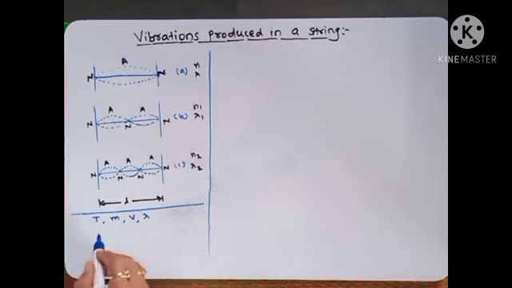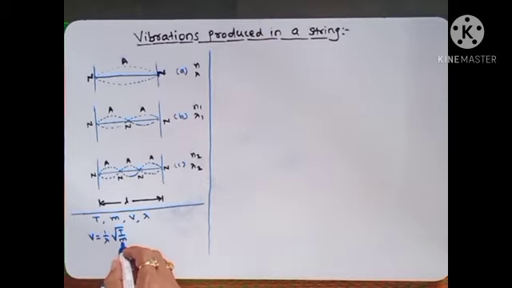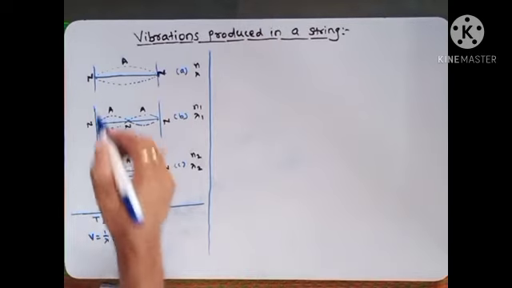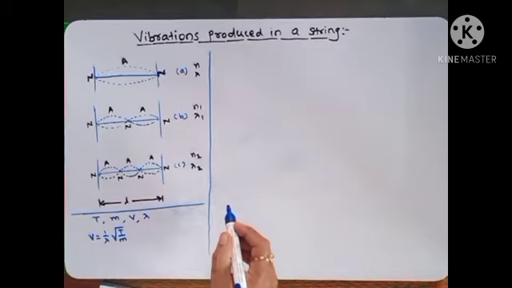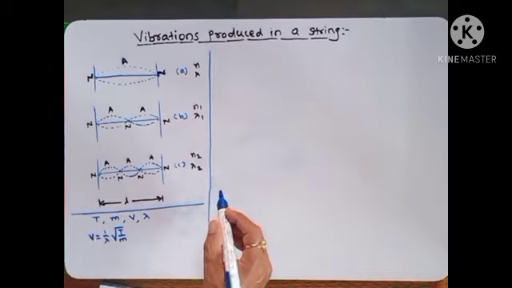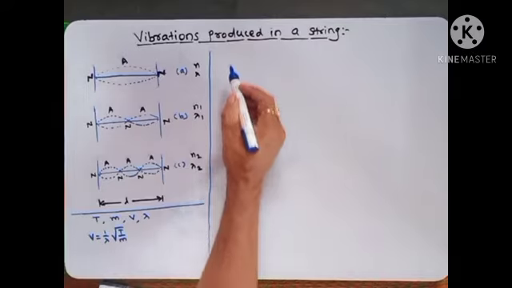Then all this can be related by this equation: V is equal to 1 by lambda root T by M. Remember this equation directly. That is the velocity in a string. The velocity of waves in a string is directly proportional to tension and inversely proportional to mass per unit length. And in the first figure, suppose lambda is the wavelength and L is the length of the string, then these two are related.